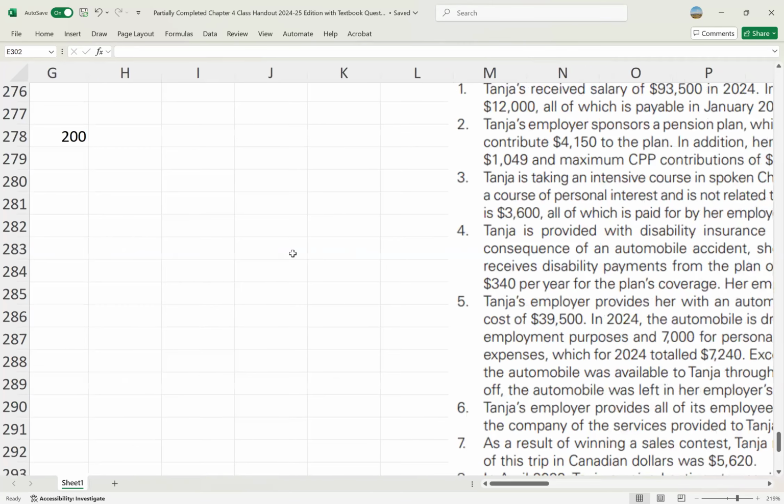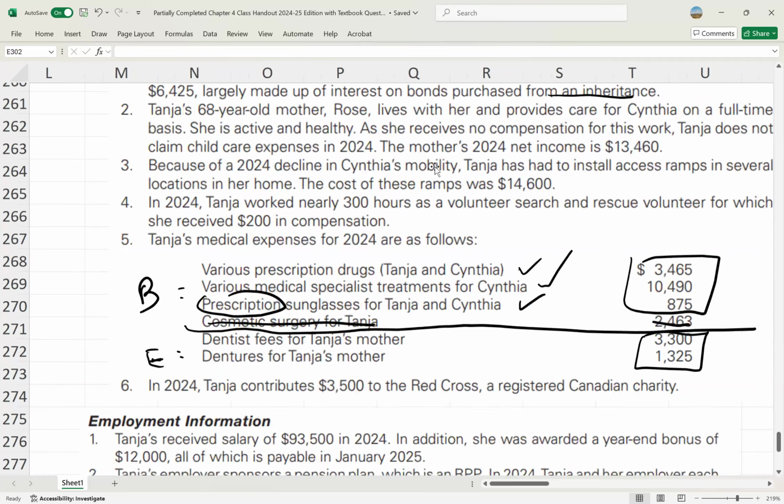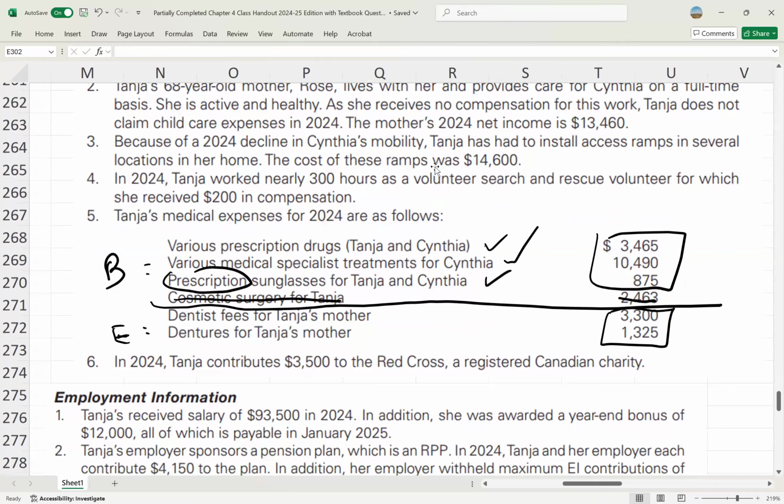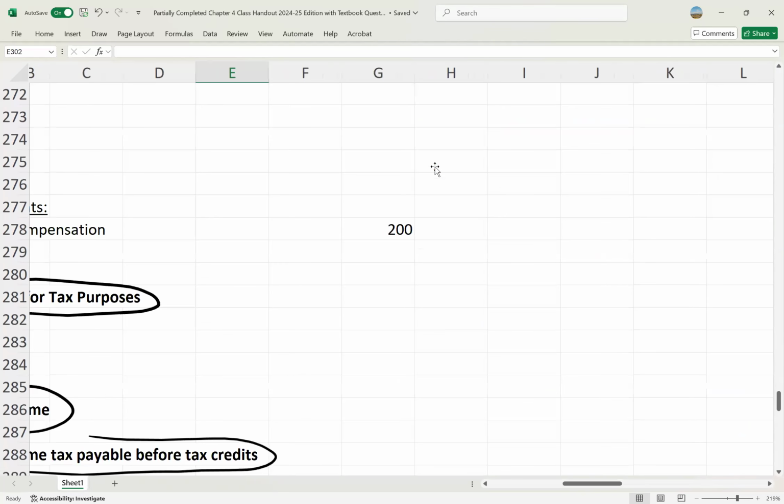And so going back to the question, we've dealt with the medical expenses. And then item number 6 is her charitable contributions to a charity for 3,500. Now that qualifies for a tax credit, but if you remember from last week, we have to do a separate calculation. So we go back to our tax credits.